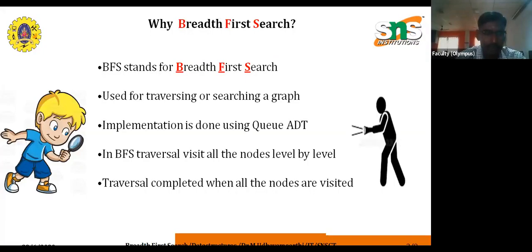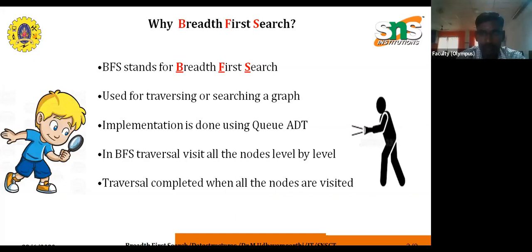Okay. So this BFS mainly stands for breadth first search. It is mainly used for traversing a graph or searching a graph.